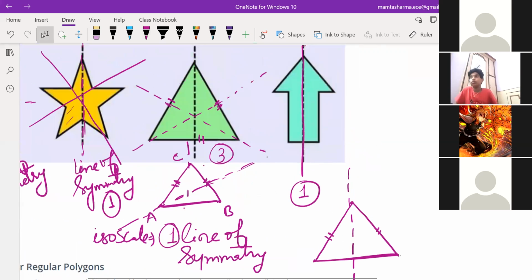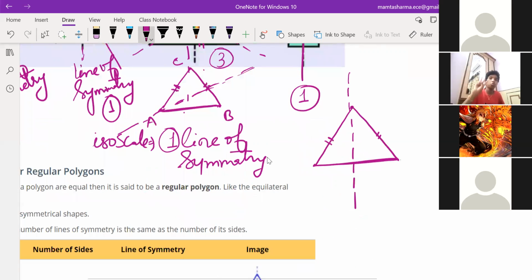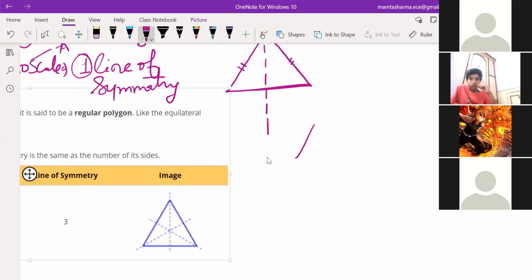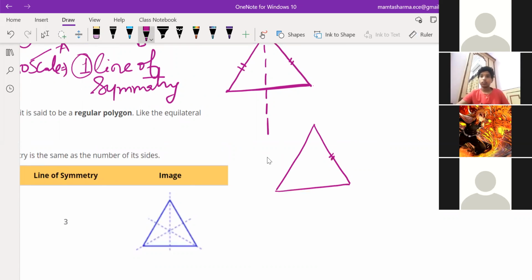Okay, so for isosceles only one line of symmetry is possible. For an equilateral triangle, 3 lines of symmetry are possible. You may write for the equilateral triangle. I can draw the equilateral triangle also. This is the equilateral triangle. This double dash is used to represent that these are of equal length.